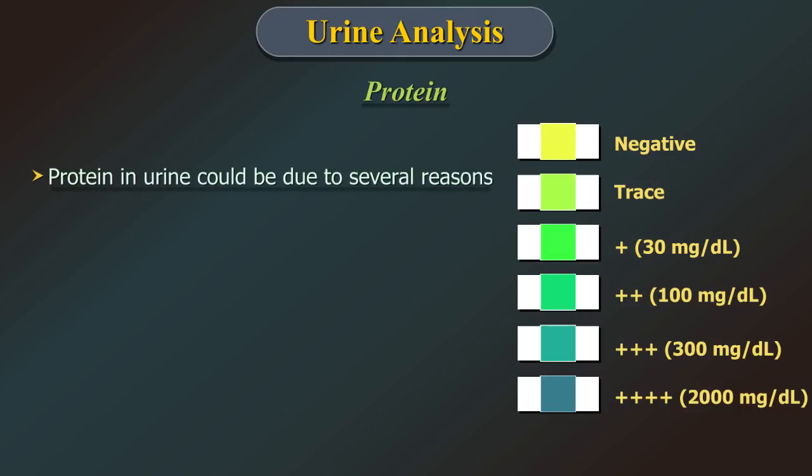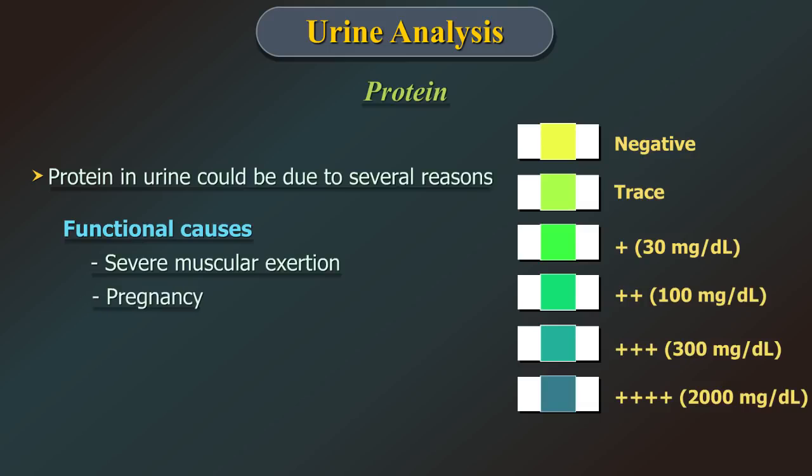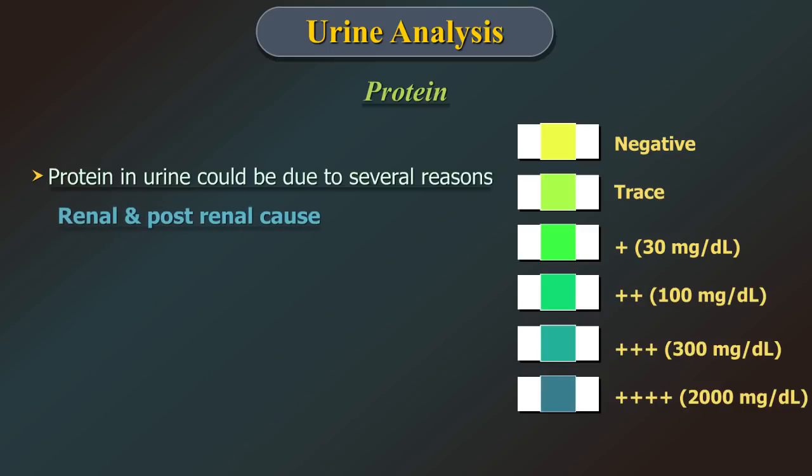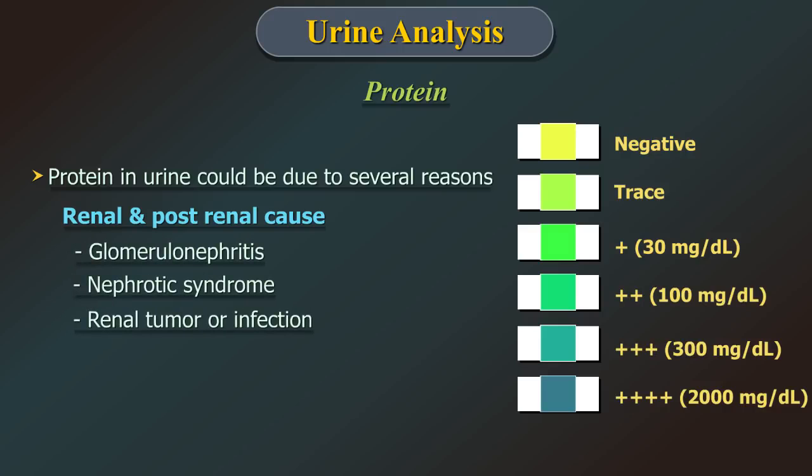Protein in urine could be due to several reasons like functional causes as in muscular exertion, pregnancy, orthostatic proteinuria, fever or hypertension. Renal and postrenal causes as found in glomerulonephritis, nephrotic syndrome, renal tumor or infection, cystitis or urethritis.